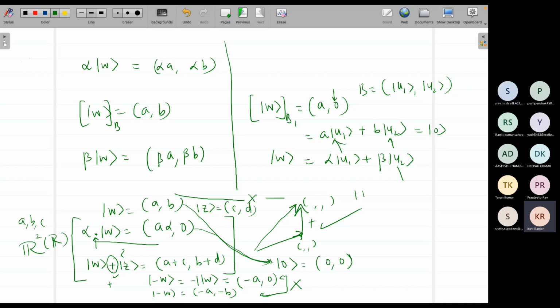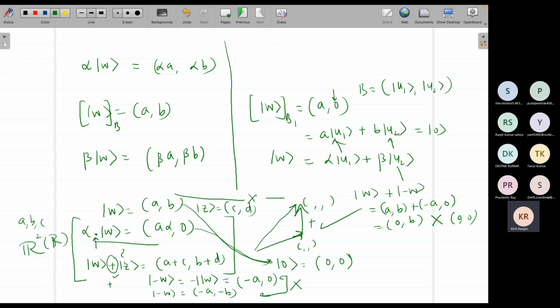W plus minus W is A, B plus minus A, 0, which is coming to 0, B, which is not the 0 vector. Hence, this space does not qualify to be a linear vector space.